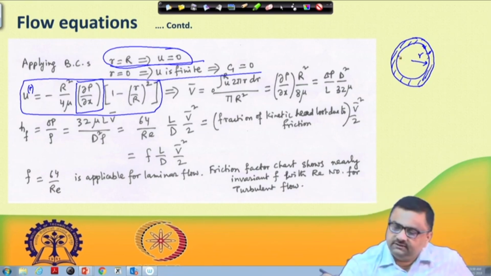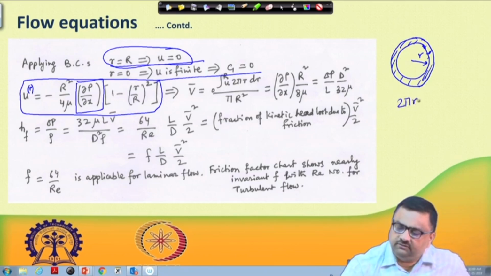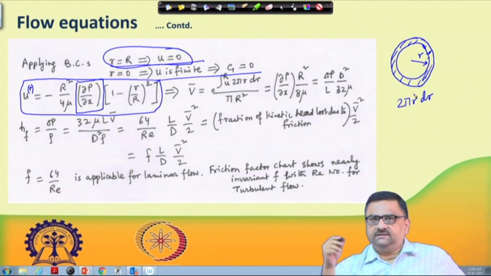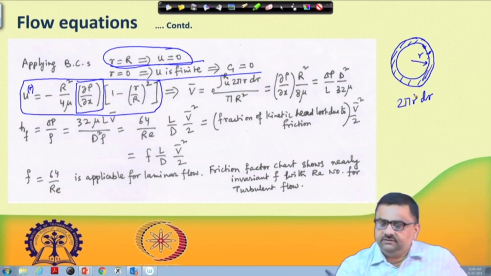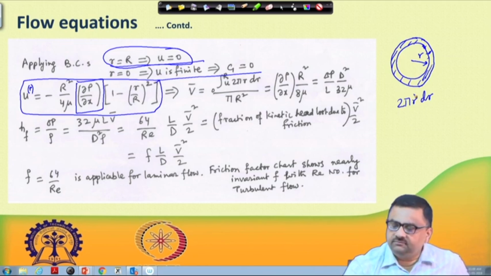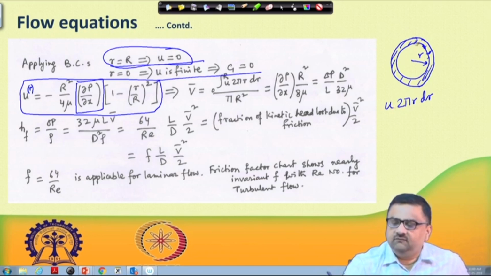The area of this annulus we have already found out just before: it is pi of r plus dr whole square minus pi of r square. Ignoring the dr whole square term, it is 2 pi r dr. Multiplied by u, this gives me the volumetric flow rate, since u is the velocity applicable to this annular area.